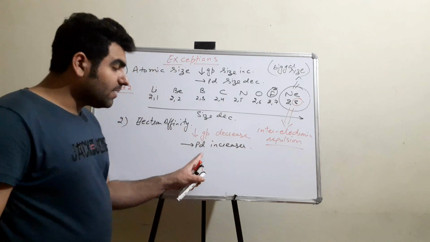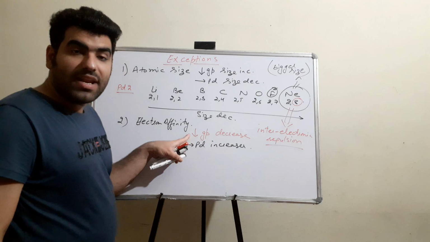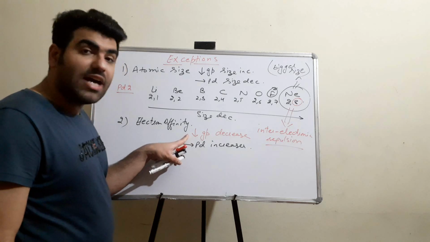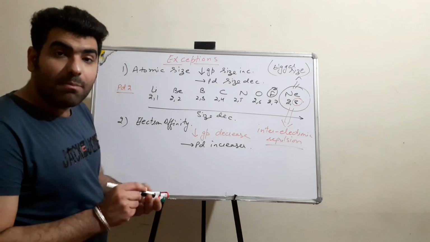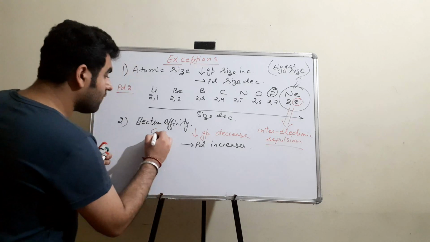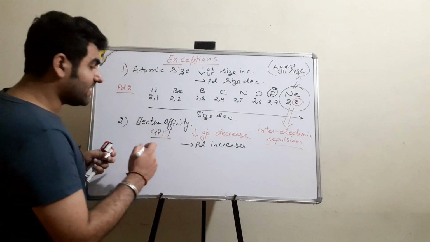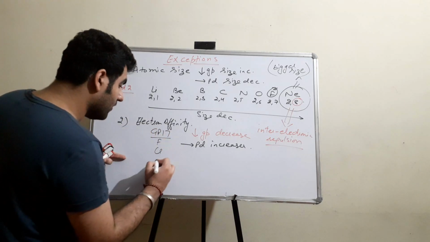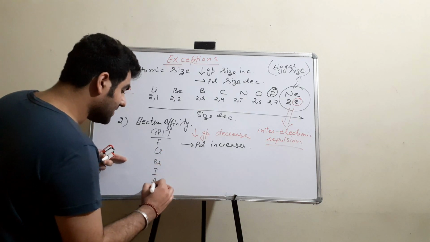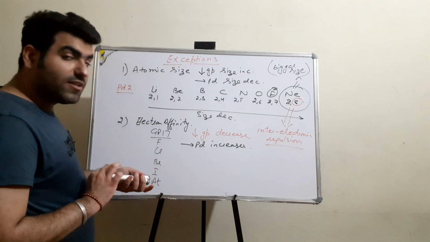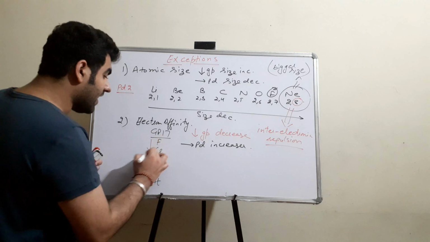So along the period there is no exception. There is one exception down the group, for group number 17: fluorine, chlorine, bromine, iodine, astatine. The exception is for the first two elements, that is fluorine and chlorine.